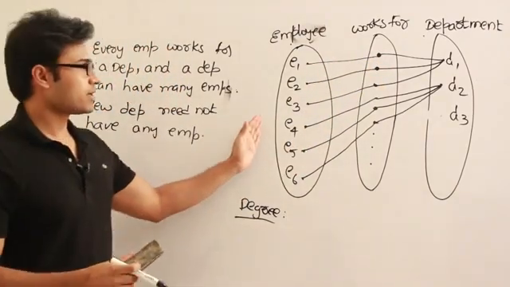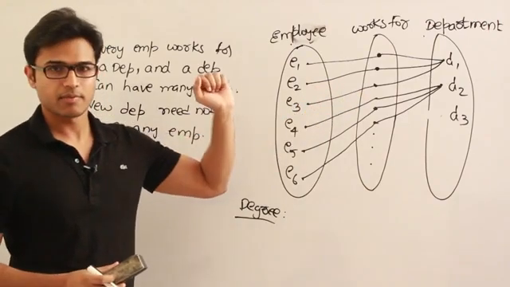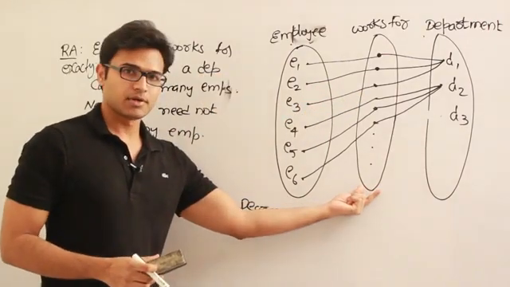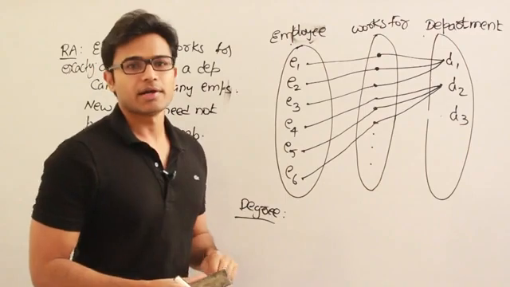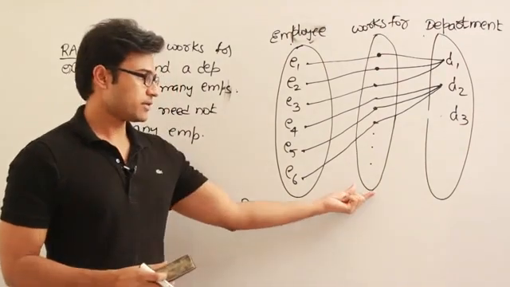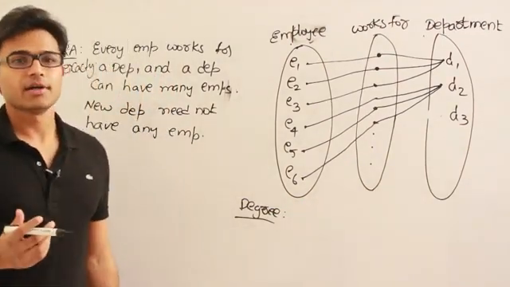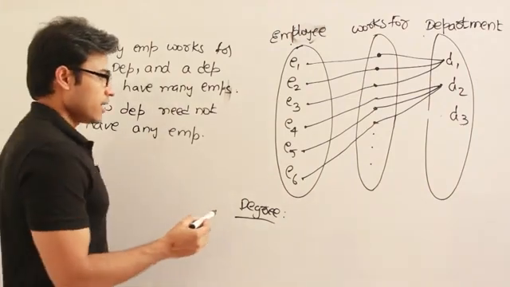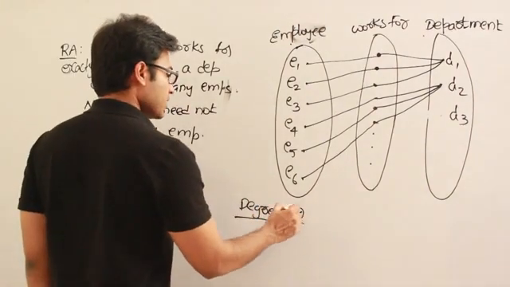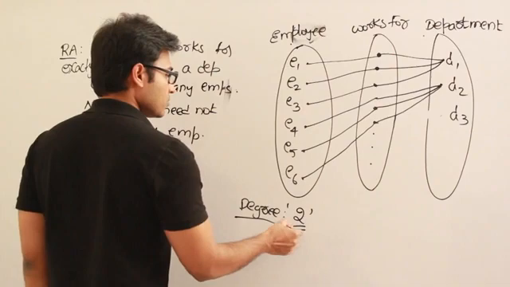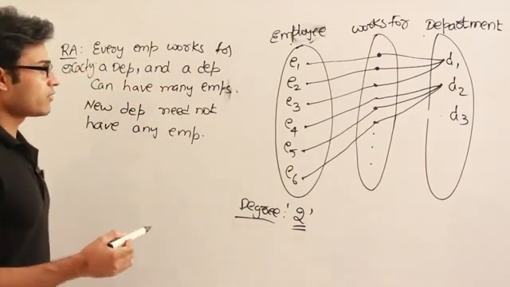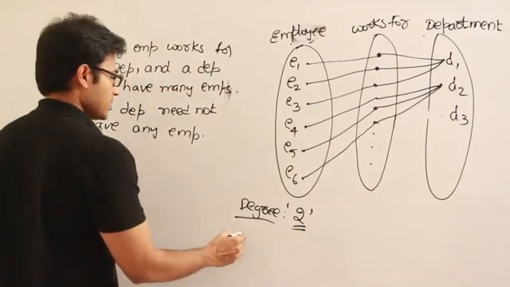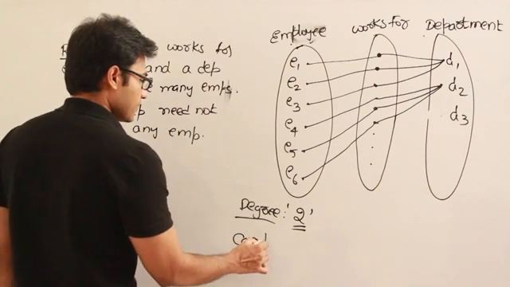So one entity set is employee and other entity set is department. So in this relationship we are having two entities participating, right? That is why this relationship is also called as binary relationship, binary, right? And the degree is 2. So degree of this relationship is 2, right? And there are various other things. One is called as cardinality ratio.